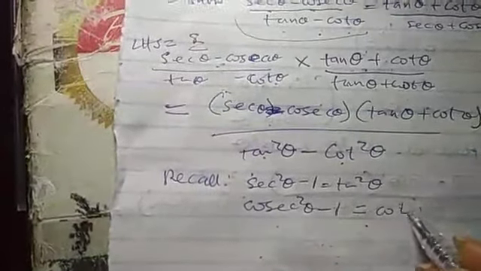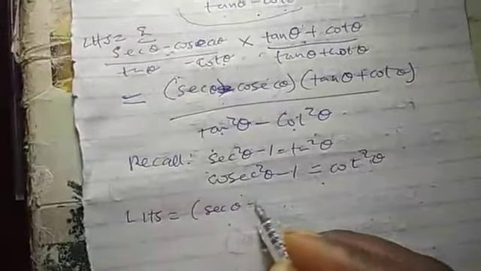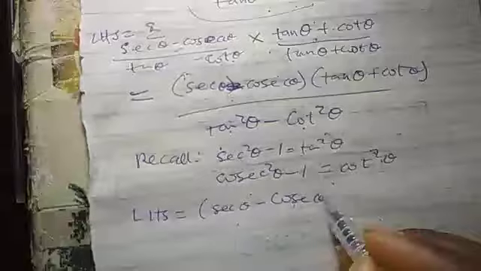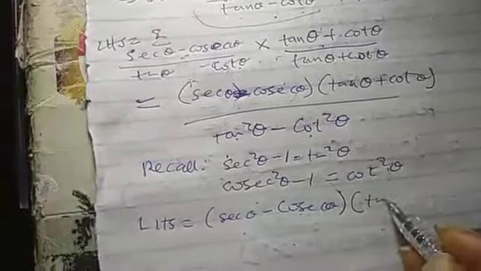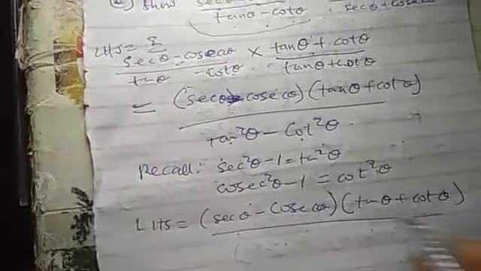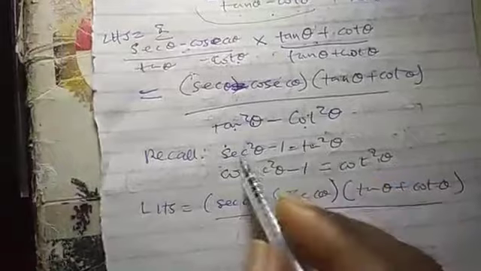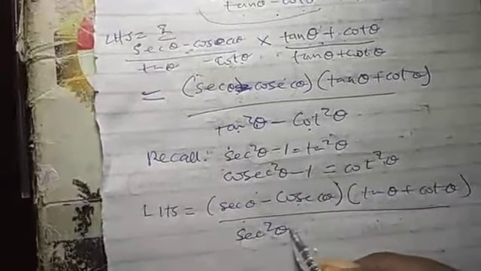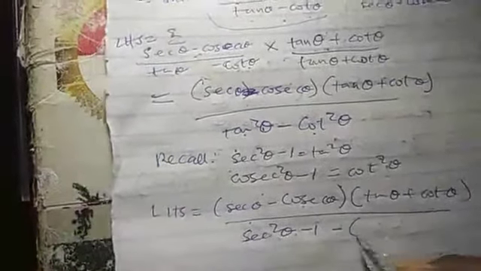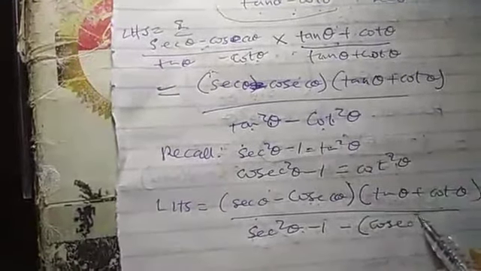I've given you that before. In that case, the left hand side will be equal to sec theta minus cosec theta into tan theta plus cot theta over, instead of tan square theta, sec square theta minus 1, minus cot square theta, which is cosec square theta minus 1.